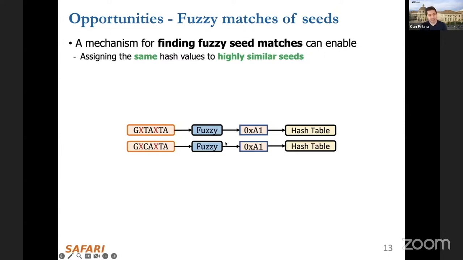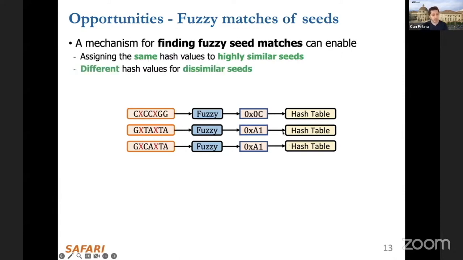A fuzzy seeding technique could still generate the same hash value, because they are still highly similar to each other, and then we can query it in the hash table and find these fuzzy seed matches by just looking at their hash values. The other goal is, of course, that we still want to assign different hash values to dissimilar seeds, because we want to make sure that we're not finding seed matches where the seeds are not really similar to each other, right?